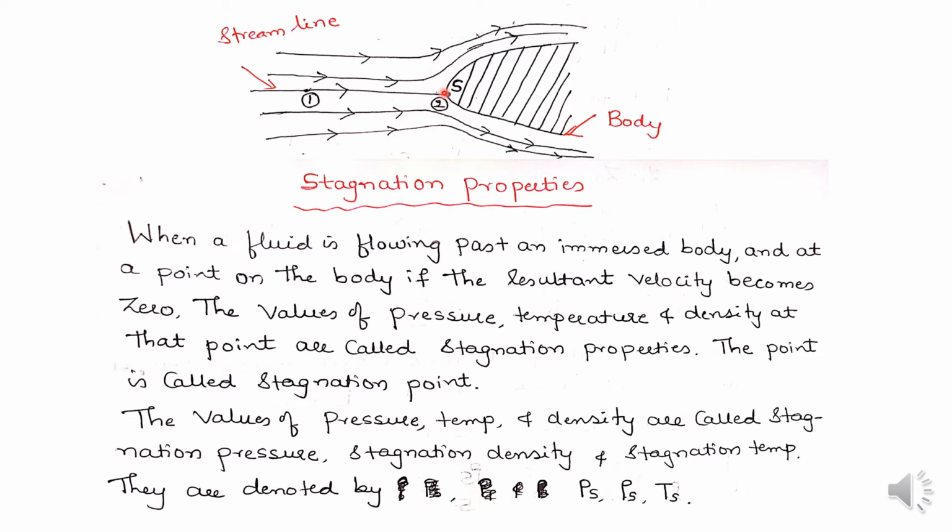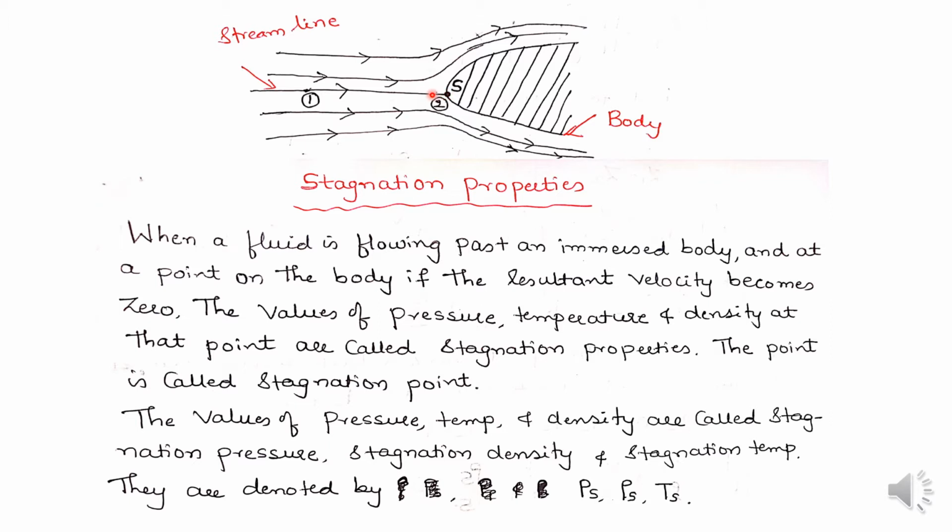There is no slippage of the fluid particles, and the velocity u becomes 0. That is the nature of the fluid; the first layer sticks to the solid surface and its velocity will be 0.